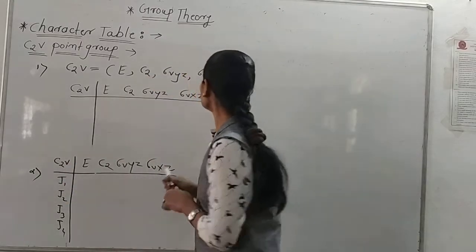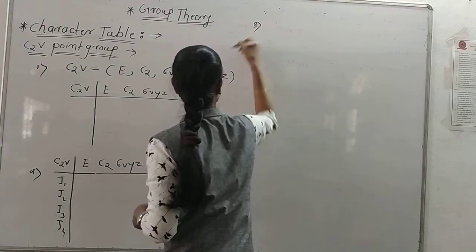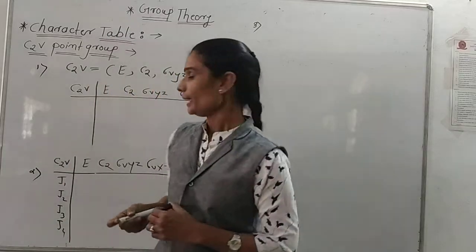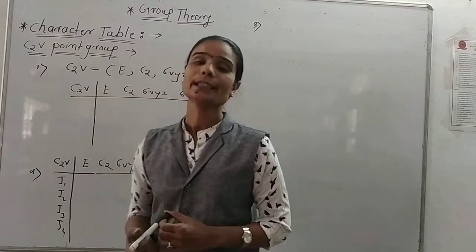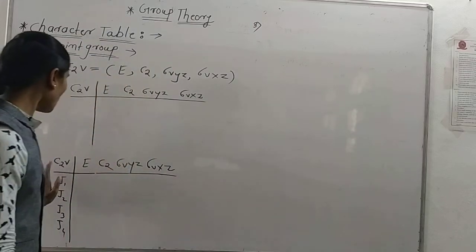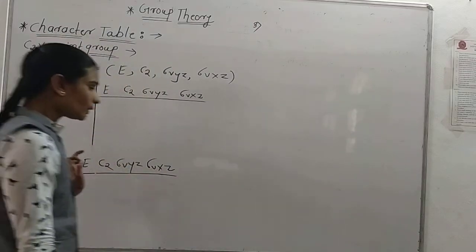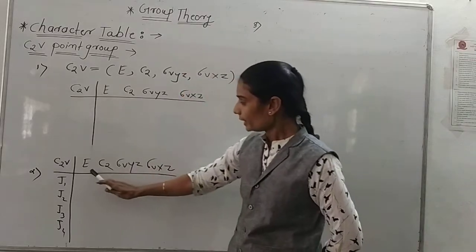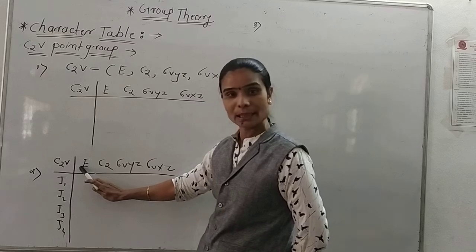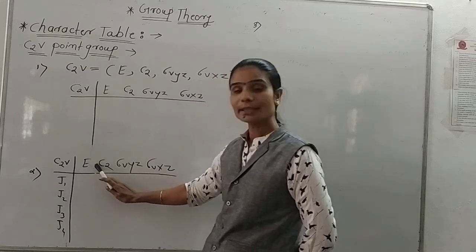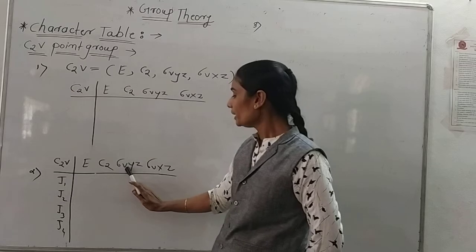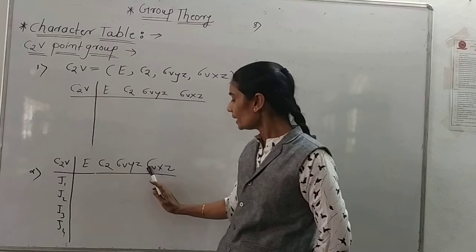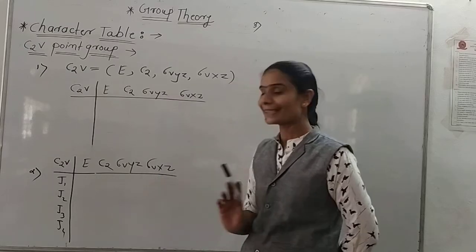Okay. According to the third rule, we take the dimensions, and the sum of the squares of dimensions is equal to the order of group. What is the order of group for the C2V point group? Order of group means the total number of symmetry elements present in the group. Here only one identity is present, only one C2 axis of rotation is present, only one vertical plane passing through the yz plane, and only one sigma V passing through the xz plane.